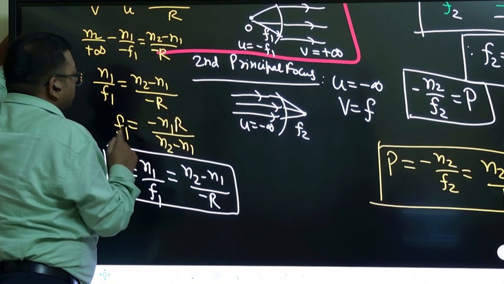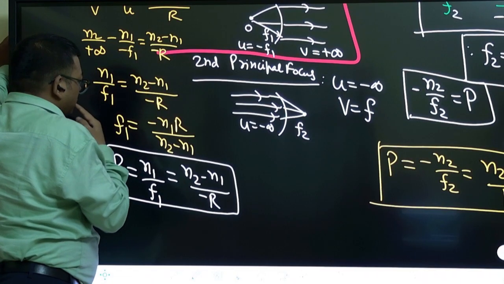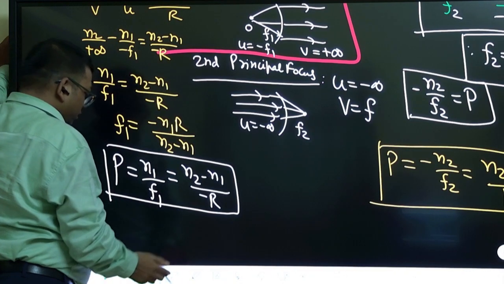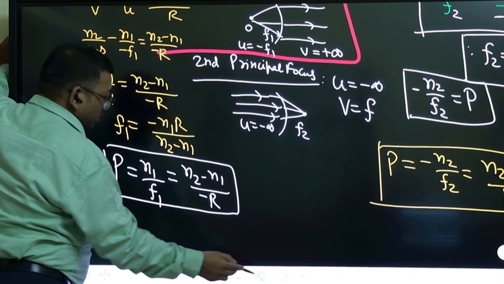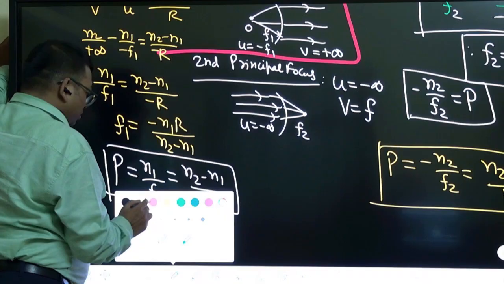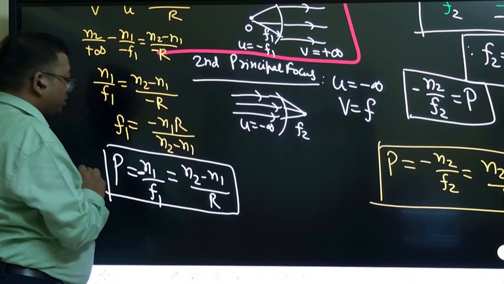That is what it is. So we need to get N2 minus N1 by R. So I think you need to bring this minus. Correct this one. In the book it is defined differently. So bring this minus here in this case.